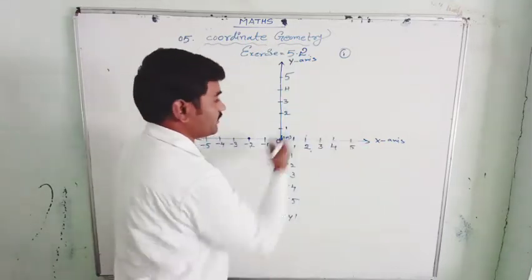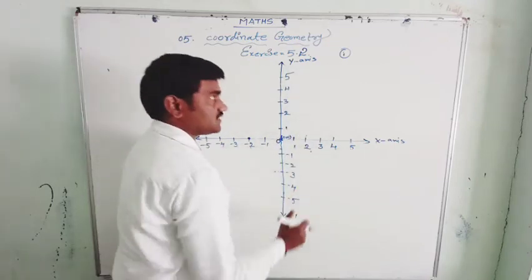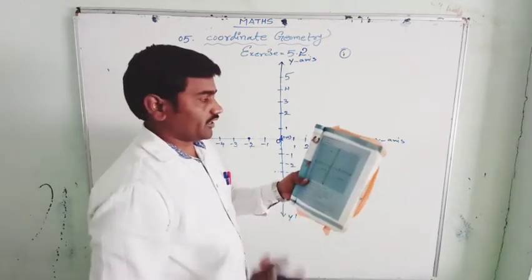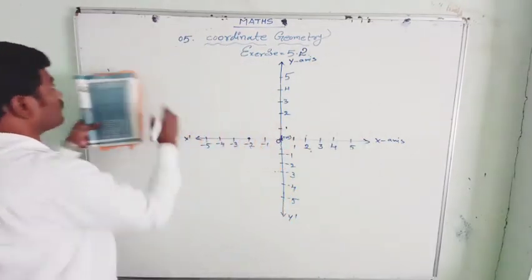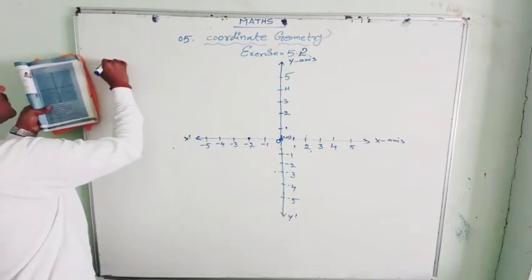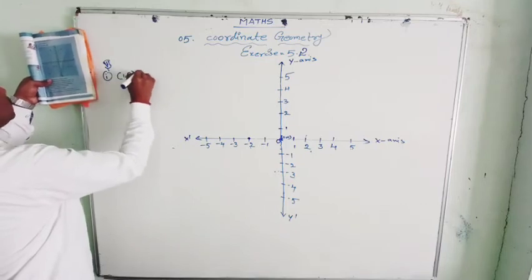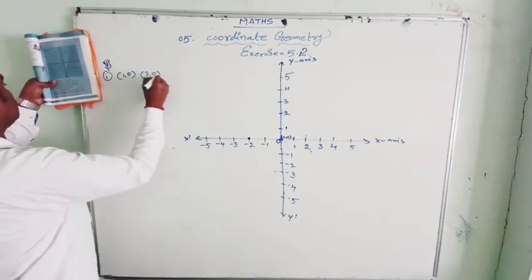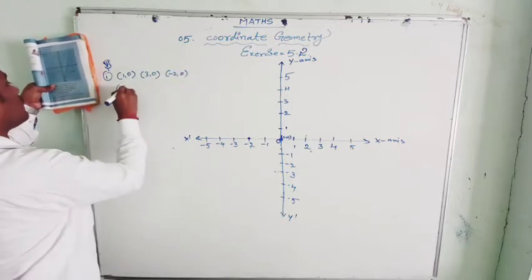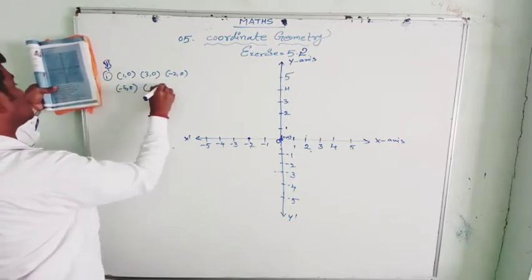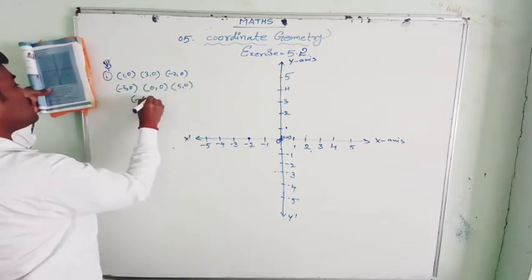You take one graph paper and divide it into the four quadrants like this: x axis and x dash, y axis and y dash, and the points given in the questions need to be located here. Let me write the questions here. The sixth bit. First question: (1, 0), (3, 0), (-2, 0), (-5, 0), (0, 0), (5, 0), (-6, 0).